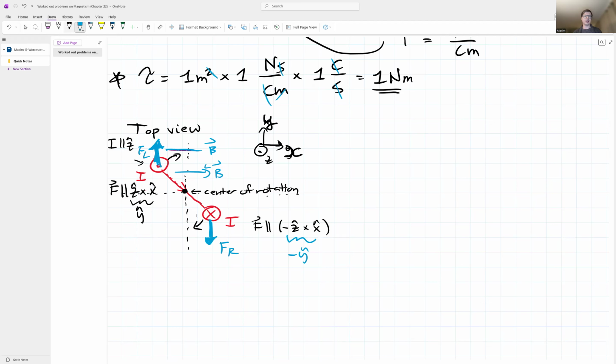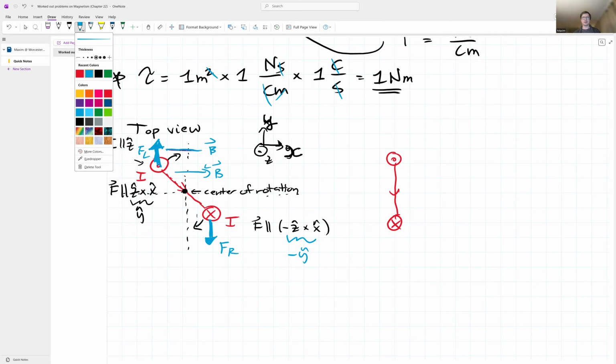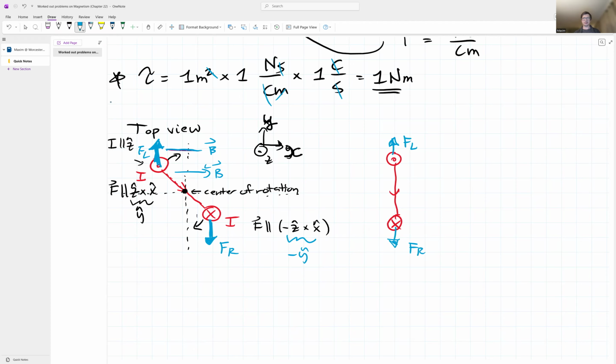Once the loop is like this, where the current is just coming out and then going into the board, then the two forces are just equal and opposite and they cancel. What used to be the left side is now pointing up, and this one is pointing down. And there's no more torque.